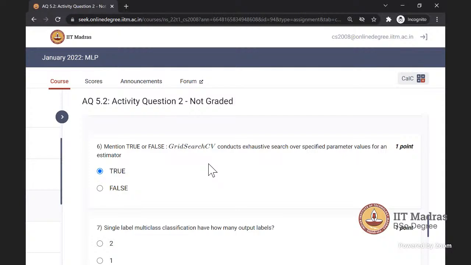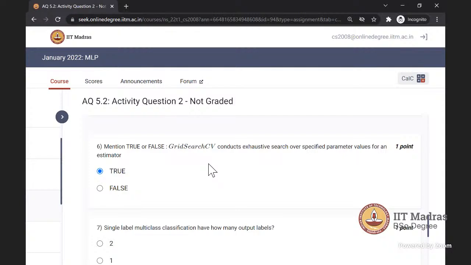It will go and search only those discrete parameters. But in randomized search CV, you can give np.logspace or a uniform distribution, and it will search in that space.